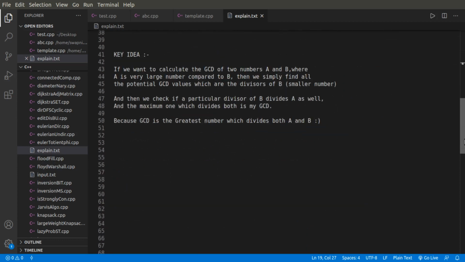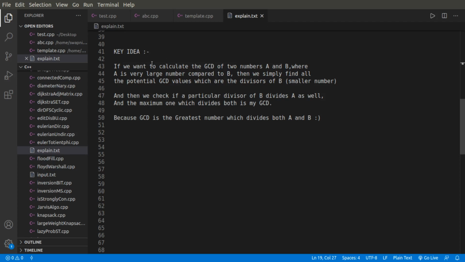So the key idea that I will be using in this problem is: if we want to calculate the GCD of two numbers a and b, where a is a very large number compared to b, then we are calculating nothing but the GCD of a large term and a smaller term.